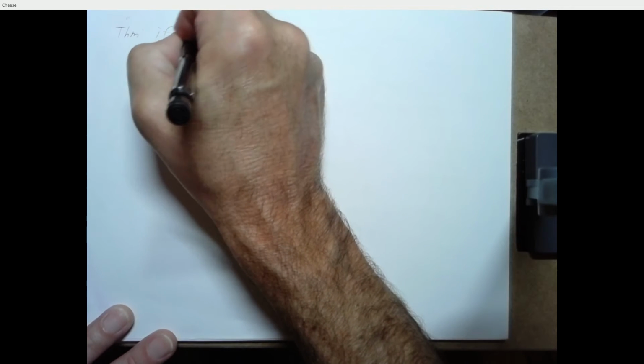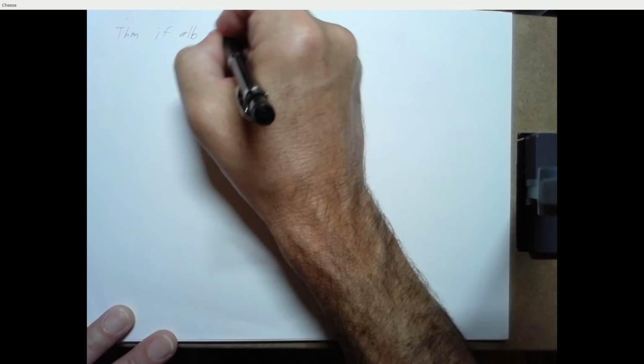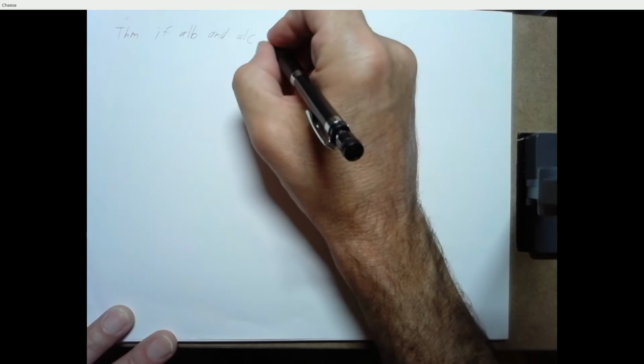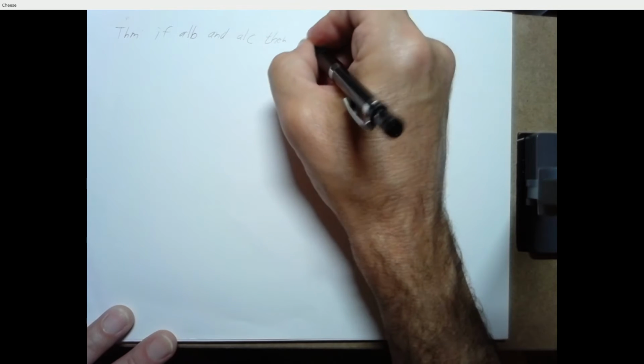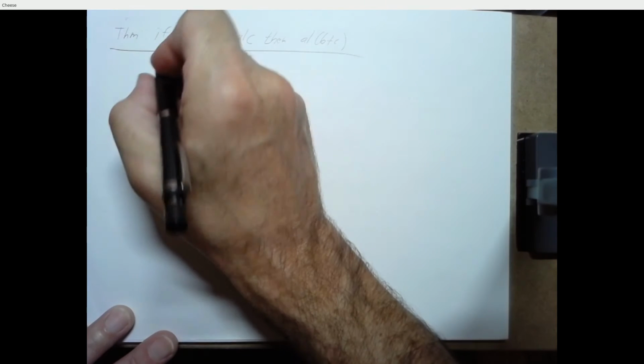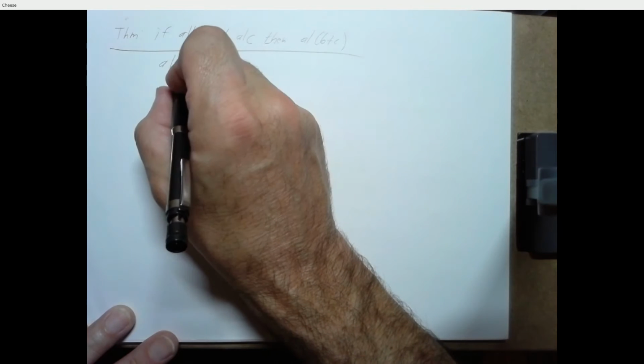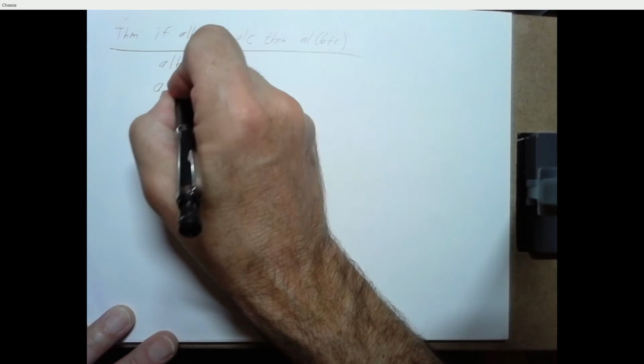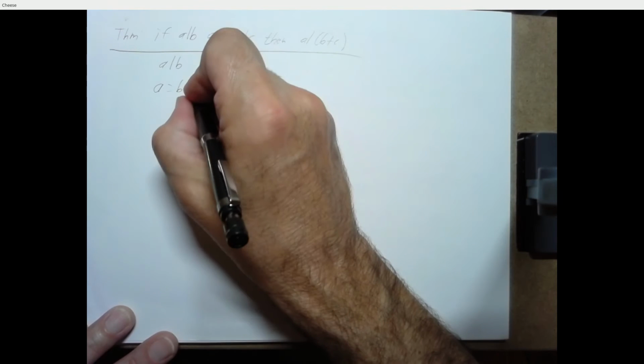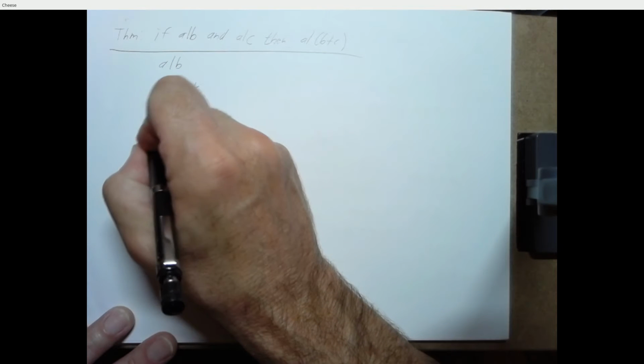If A divides B and A divides C, then A divides B plus C. And how can we show that this is true? Well, A divides B, we're given. And since A divides B, that means A equals B times some integer, which I'll call K1. We also know that A divides C, which means A is equal to C times some other integer, K2.